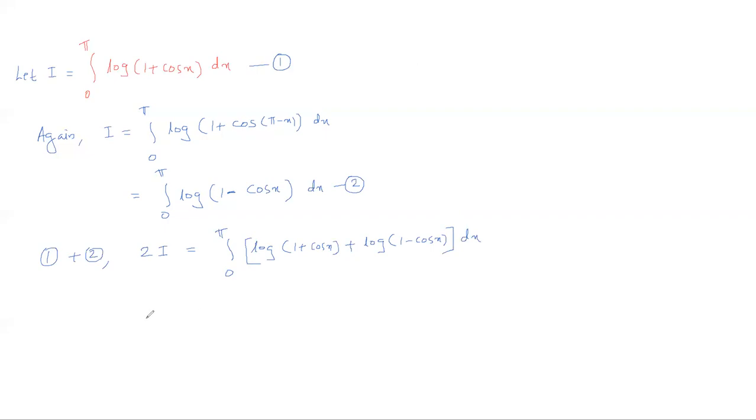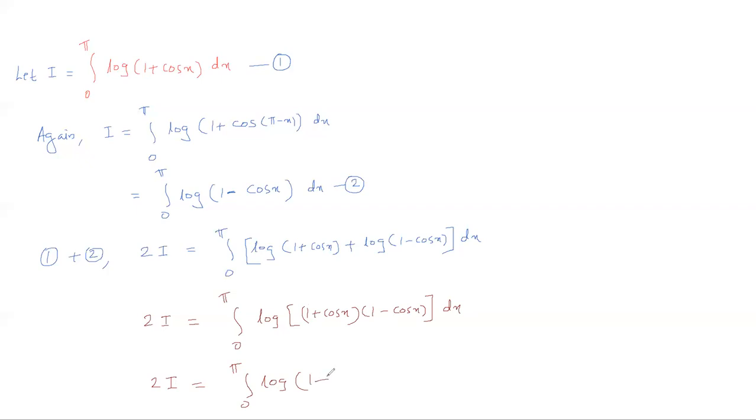So that is 2I equals integral 0 to pi, log a plus log b is log a into b. So log 1 plus cos x into 1 minus cos x dx. That is 2I equals integral 0 to pi log, a plus b into a minus b is a square minus b square.